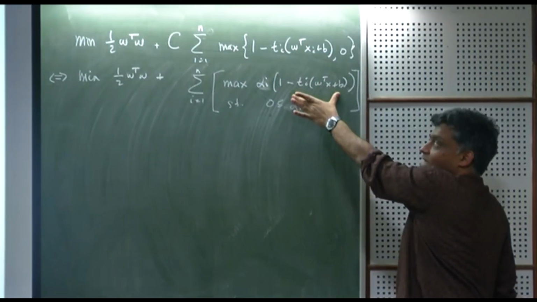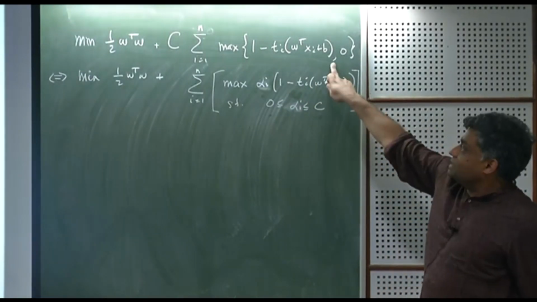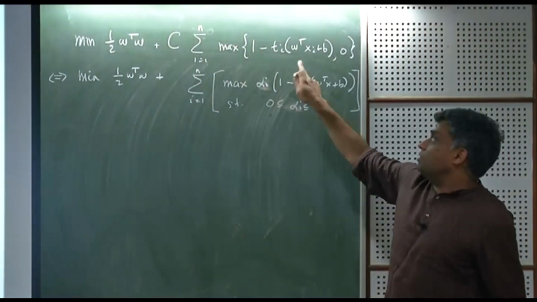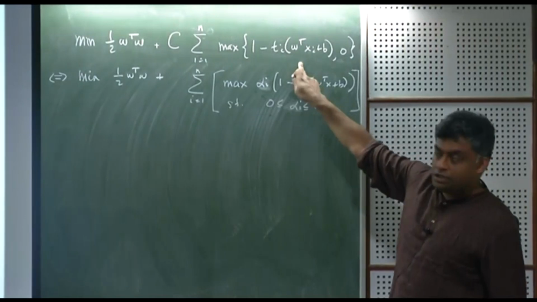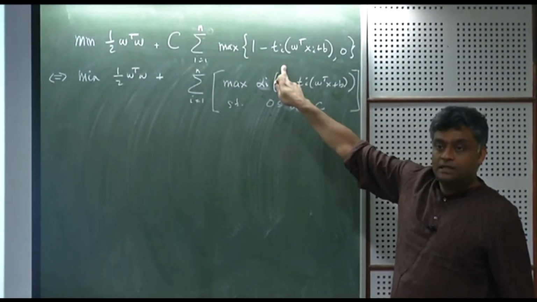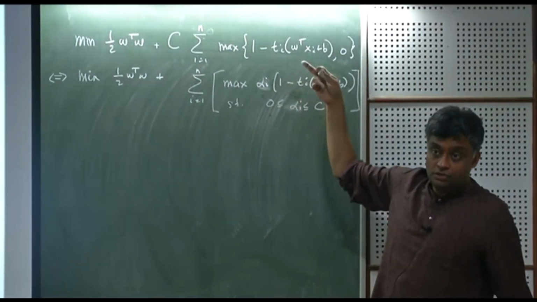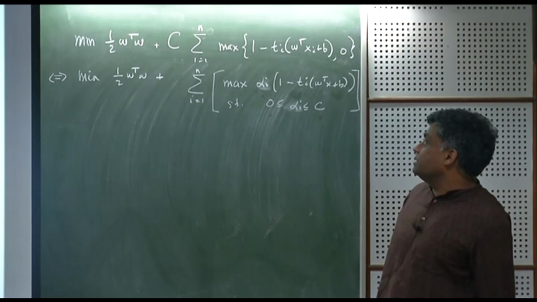If this quantity is negative, it will be 0 times this quantity, which is 0. Exactly that: C times the maximum of this quantity and 0. If the maximum turns out to be this quantity, you will get C times that. If the maximum turns out to be 0, you'll get C times 0, which is 0. Why did I do this business? It'll become clear in a moment.